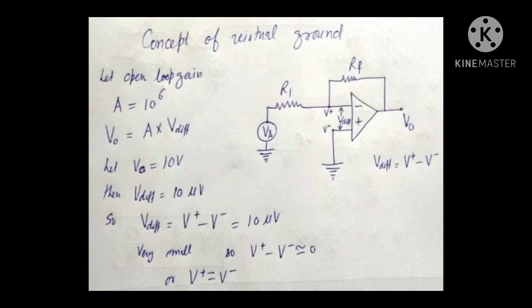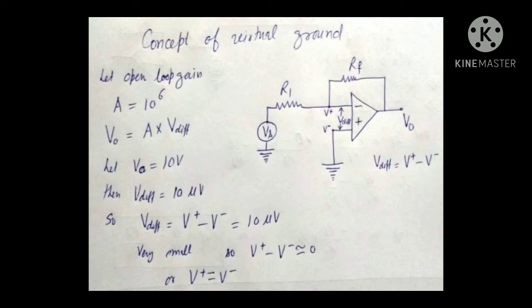So this is the reason why we say that the inverting terminal is at virtual ground. Or in a more general way, we can say that both the input terminals are at the same potential and they are short circuited. So while solving an op-amp circuit, you should always keep in mind two concepts.